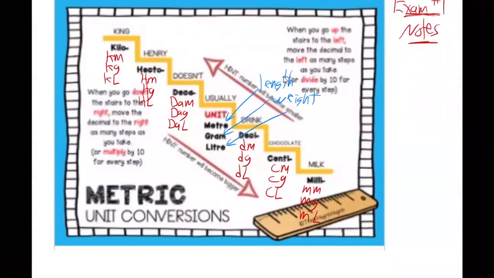And then liters are volume, like how many liters of milk, right? So length, weight, or volume, depending on what you're measuring. So we can have kilometers, that's a length, kilograms, that's a weight, kiloliters, that's a volume. So we have prefixes, and then the words that come at the back, the suffixes, are meter, gram, or liter.